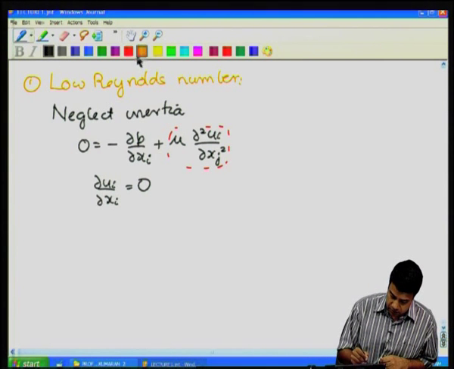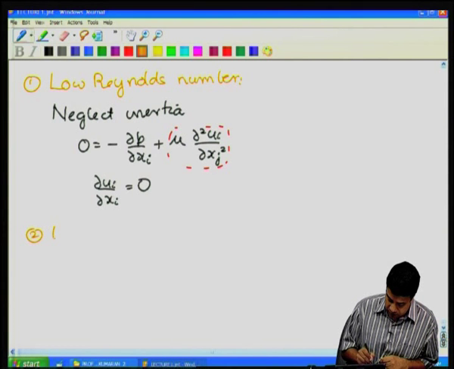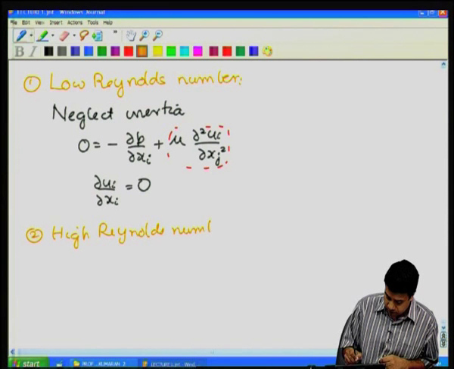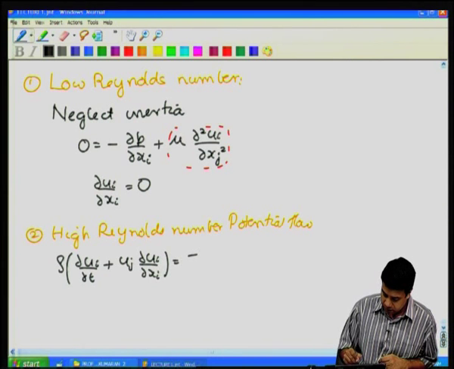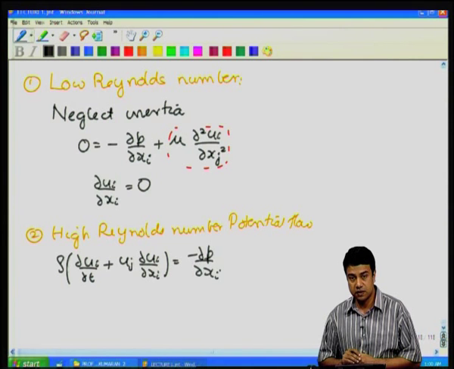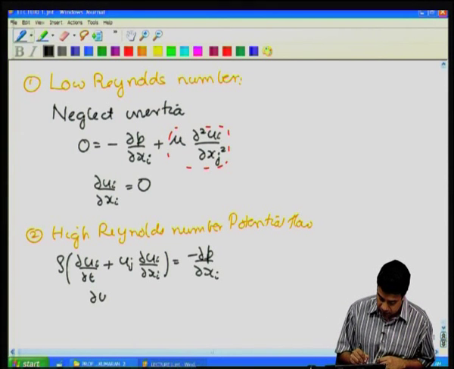The second case is high Reynolds number, potential flow. In this case, you have just the balance between the inertial terms and the pressure gradient and the incompressibility condition.